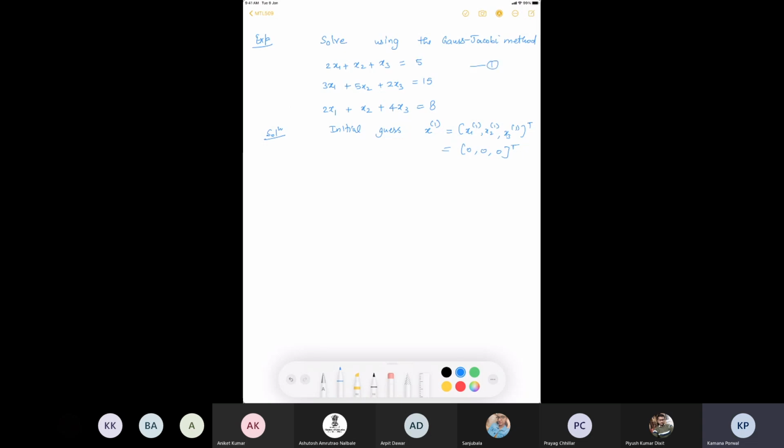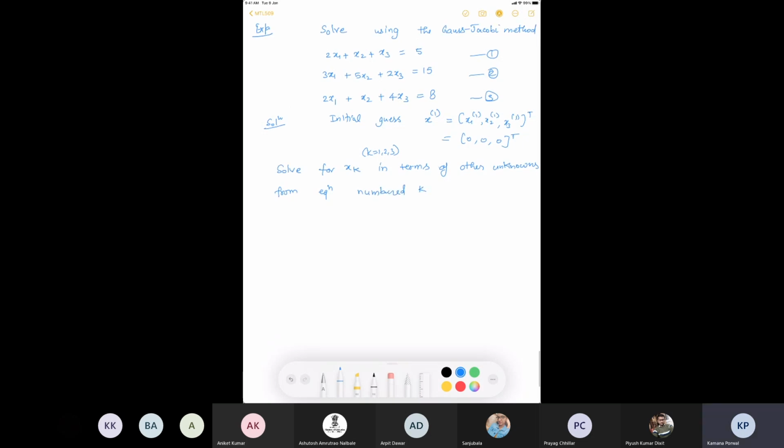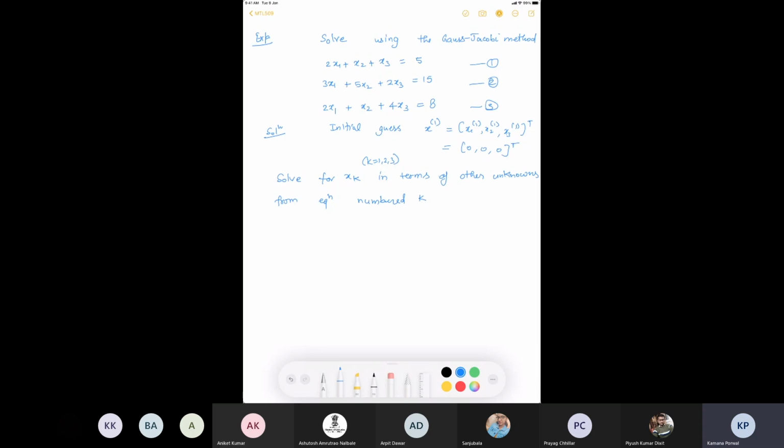If I number this as 1, this as 2, and this as 3, then we are going to solve for xk, where k is 1, 2, 3, in terms of other unknowns from the equation which is numbered as k.